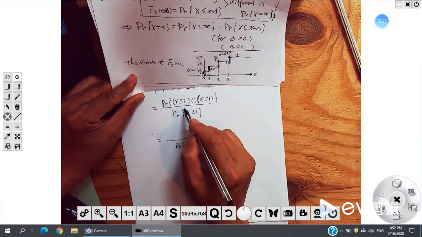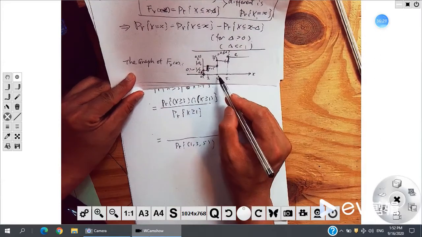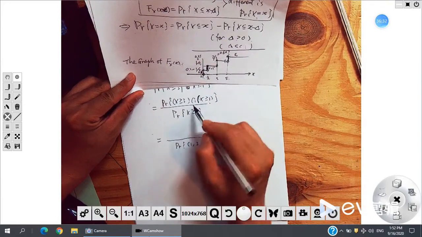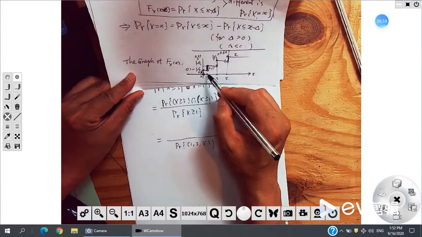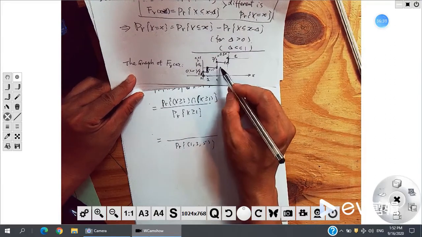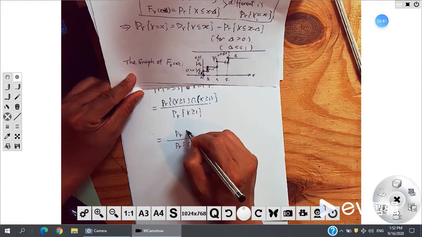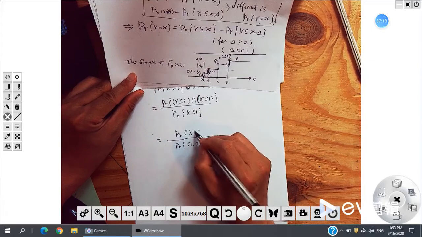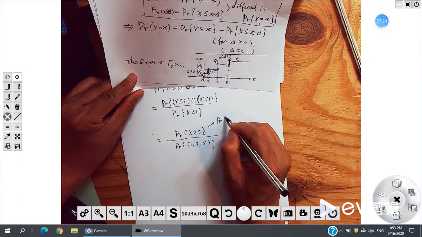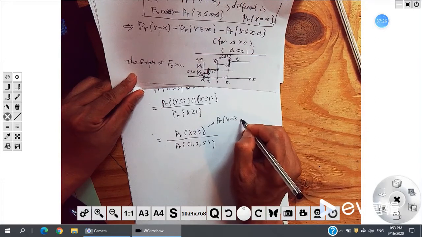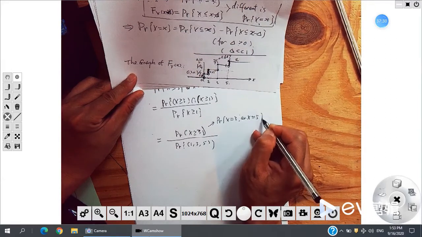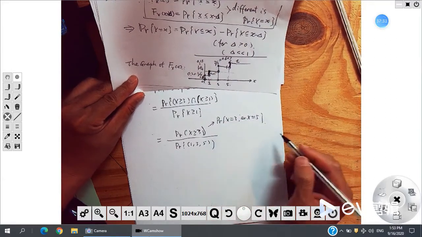And the intersection of larger than 3 and larger than 1 is the same as the probability of x larger than just 3, which is the probability of x equal to 3 or x equal to 5. Any one of these will be fine.